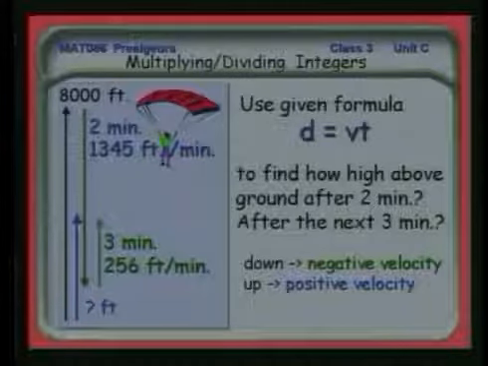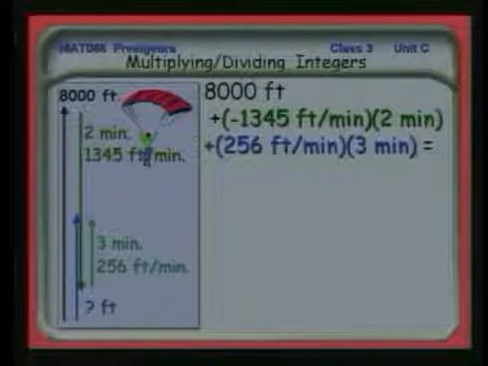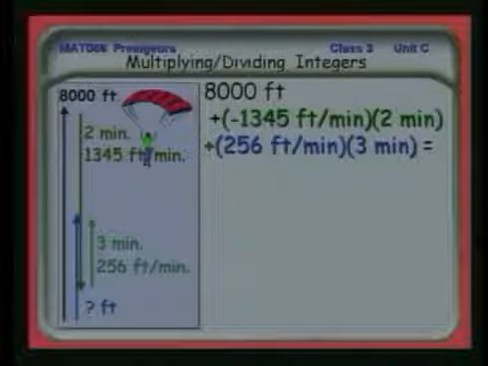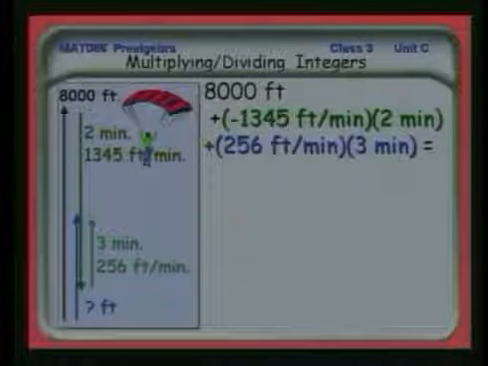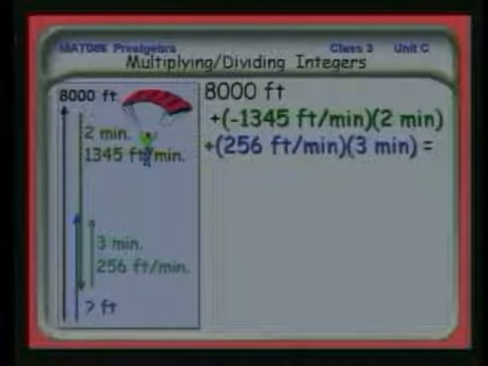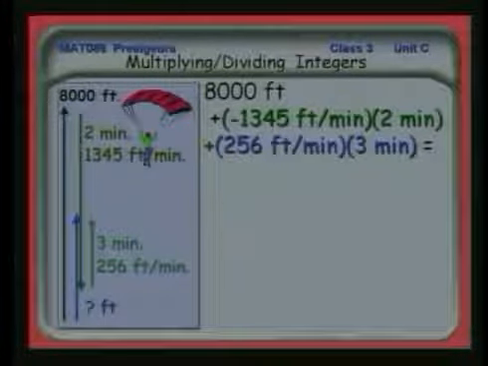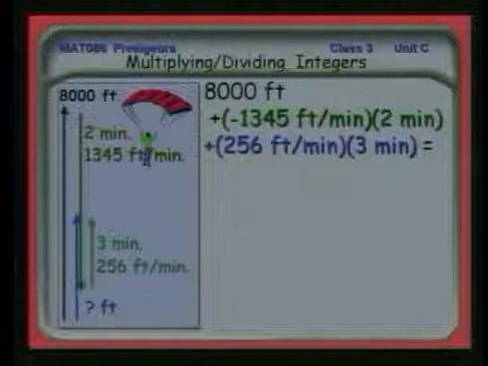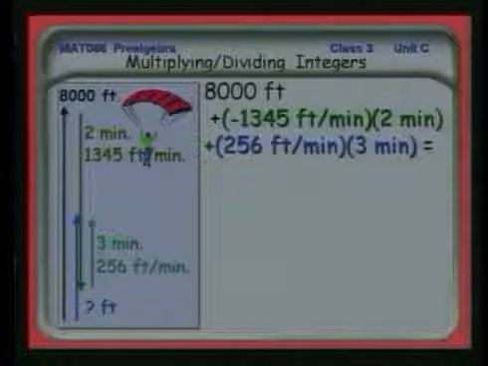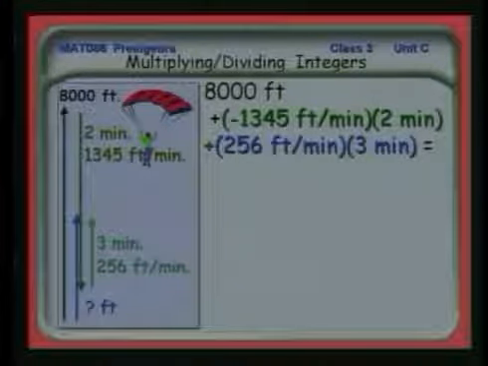When I'm moving upward, we're going to be adding. So we start at 8,000 feet, and then I add minus 1,345 feet per minute for 2 minutes. And notice that I've added that as a negative velocity because I'm going down. Then I add back the 256 feet per minute for 3 minutes because now I'm going up.